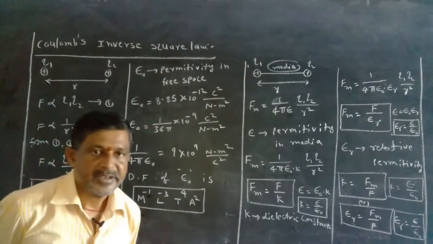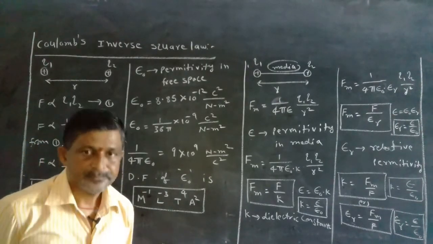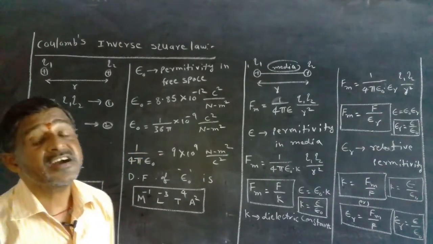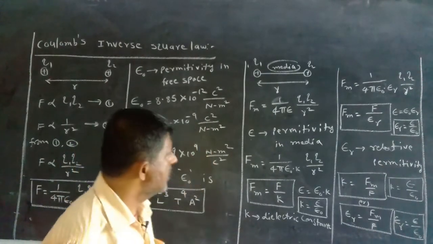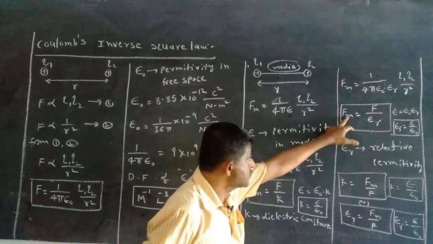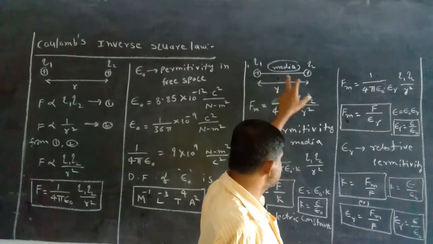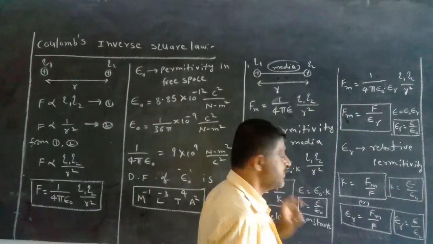When a medium is taken between the 2 charges, the force decreases. If the medium is a metal, the force becomes 0. Why?